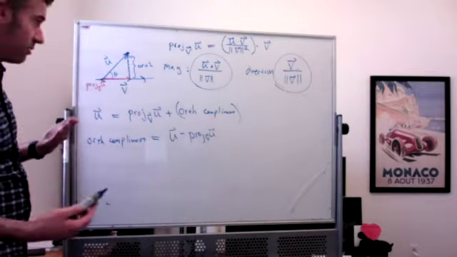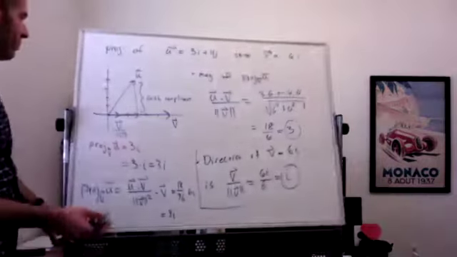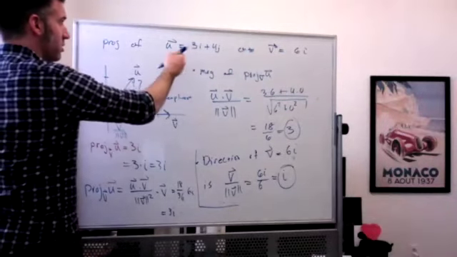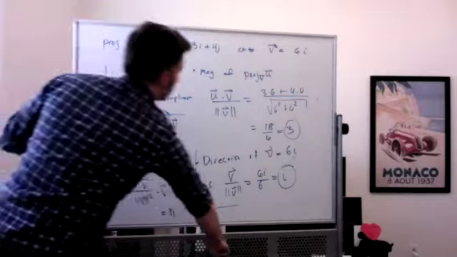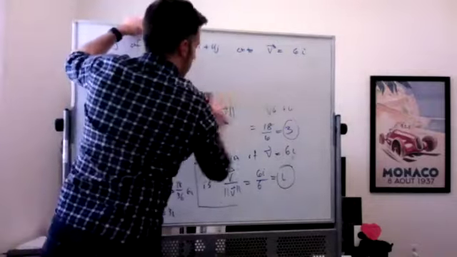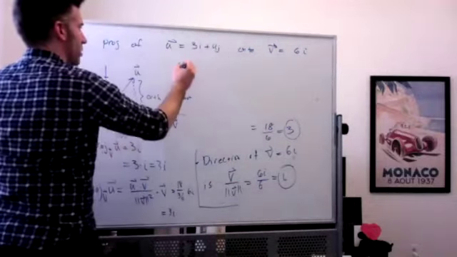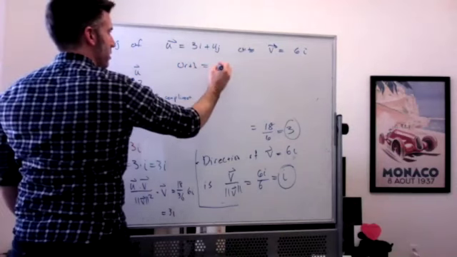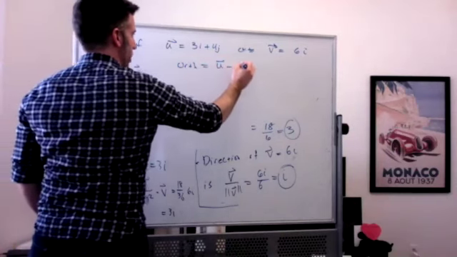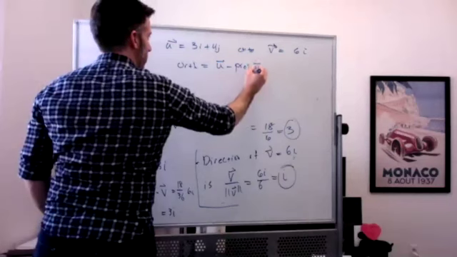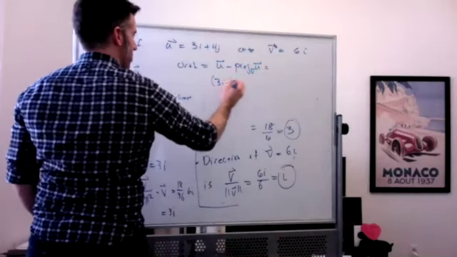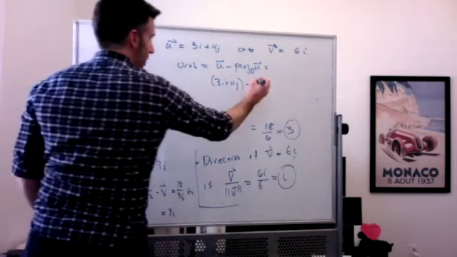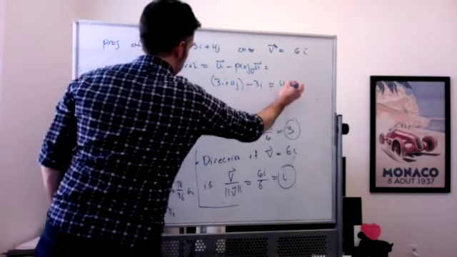So in this particular example, the orthogonal complement is u, which is 3i plus 4j, minus the projection, which is 3i. So it's just 3i plus 4j minus 3i, which is equal to 4j.